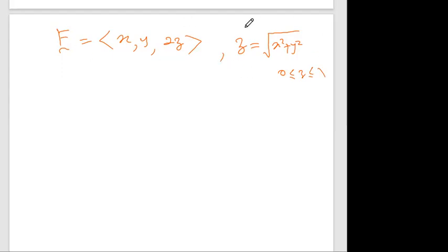Field is given, geometry is given. Let's see what this geometry is, and find the surface integral throughout.